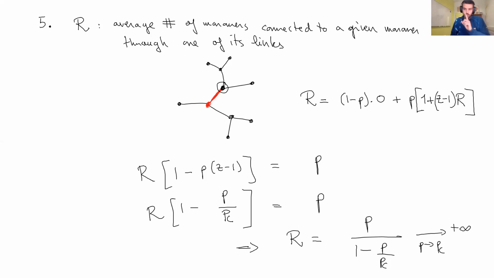Okay, that's R. I'm not really interested in R at the end of the day. I'm interested in NW, which is the next question. Okay, so I want to study NW of P. And again, NW is the number of monomers belonging to a given chain on average.